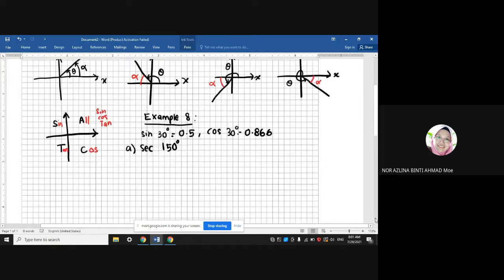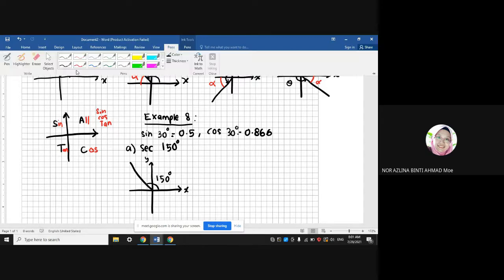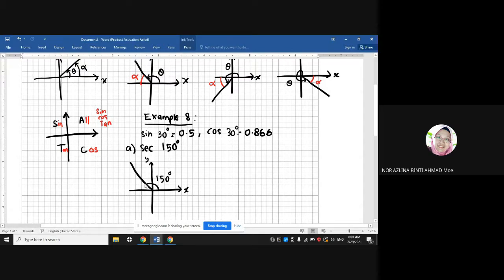So sekarang kita tentukan kuadran dia. Which quadrant? 150 should be at quadrant number 2. So this is 150. But now for method 3, we want to know the reference angle. So reference angle is 30 degrees. How I get 30? 180 minus 150.